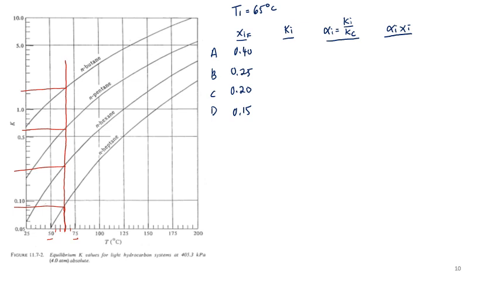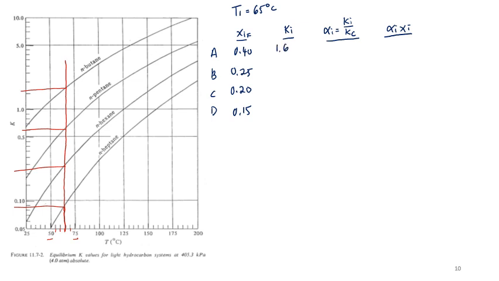Okay, so in this case, I just go through the solution again. So let's say we follow the book and take the values given from the book. So for component A, butane, you can try to read this graph here, but I don't think you will get the exact accurate value as what you will get in the book.